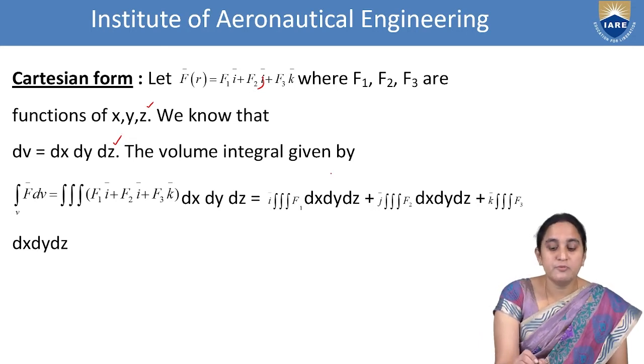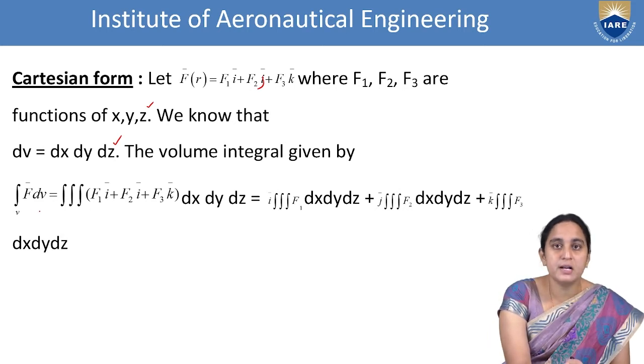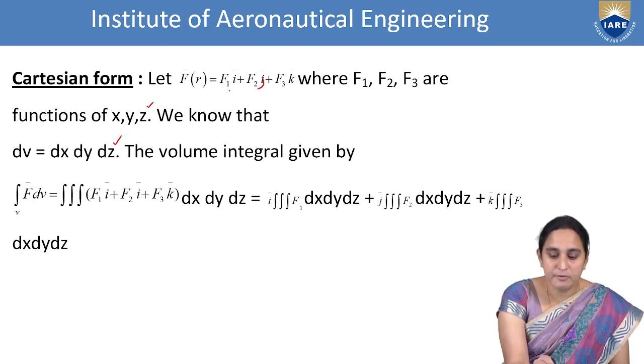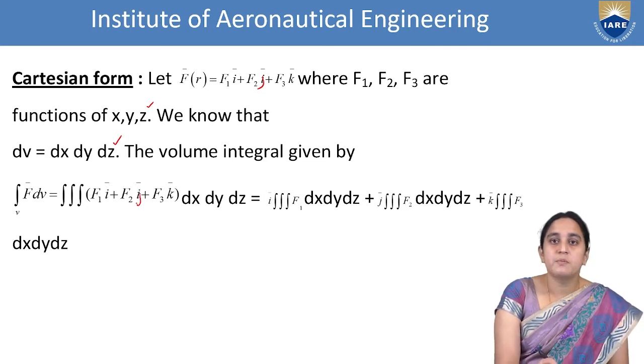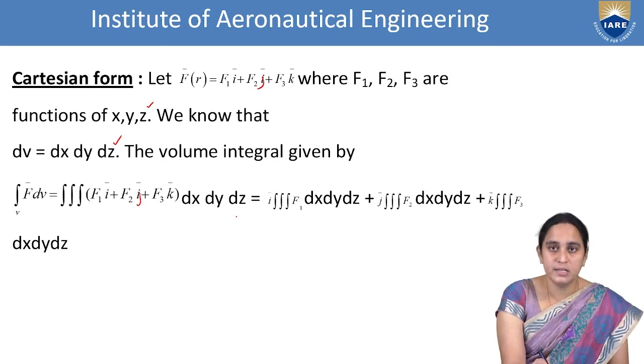Therefore the volume integral is given by integral over V of F bar dV. Here I'll write clearly what F bar is: F1 i bar plus F2 j bar plus F3 k bar. The triple integral of F1 i bar plus F2 j bar plus F3 k bar into dx dy dz.